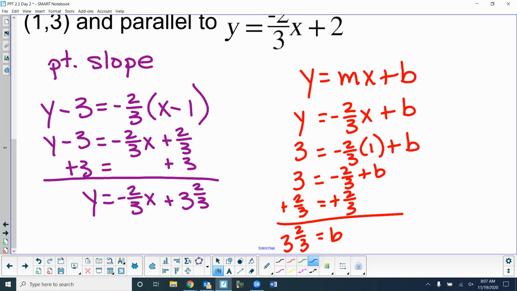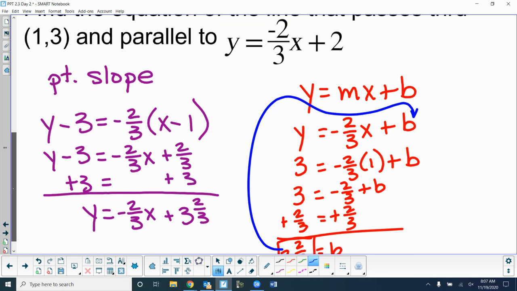So what you do is you'll take this and put it right there for b, which is the same as that. Some of you are more comfortable using point slope and getting y by itself. Some of you like doing y equals mx plus b. So you're going to have to figure out the b if you do it this way.